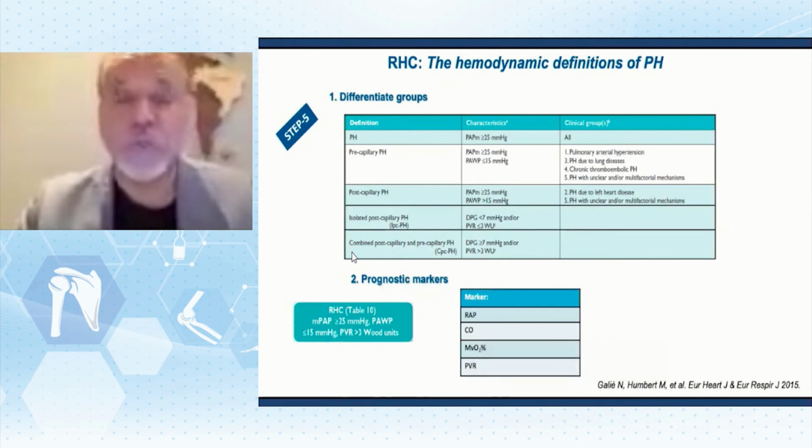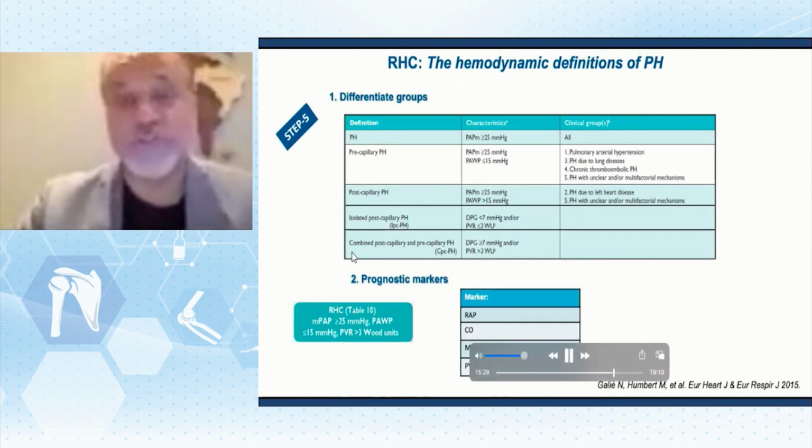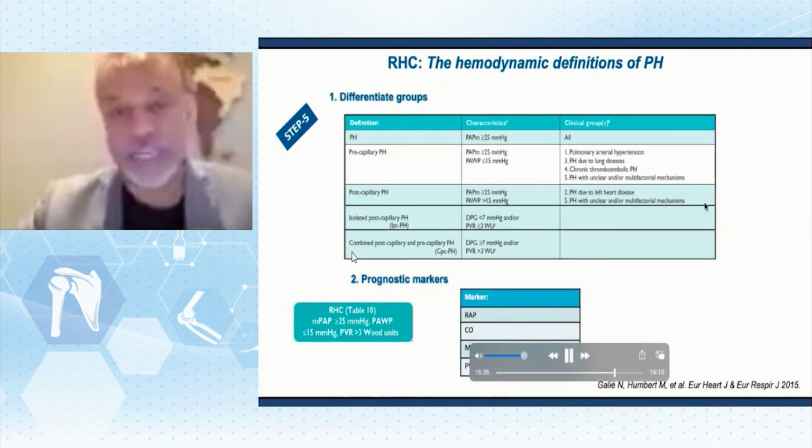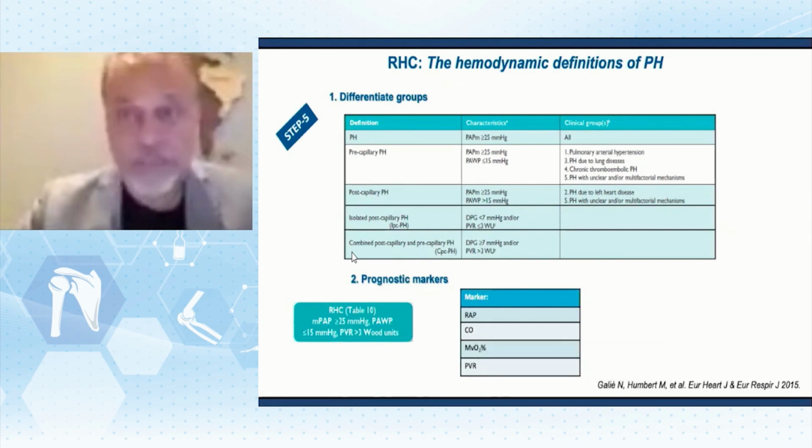While, for example, those patients who belong to group 2, those who have left heart disease, which again could be part of the scleroderma, or you can have a myocarditis, or you can have diastolic heart failure, in those patients, you have high pressure, low PVR, and high wedge pressure. So again, that will tell you that this is a different category of pulmonary hypertension that you need to deal with in a different way.